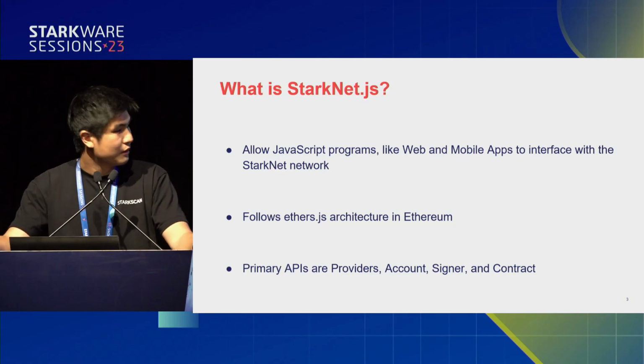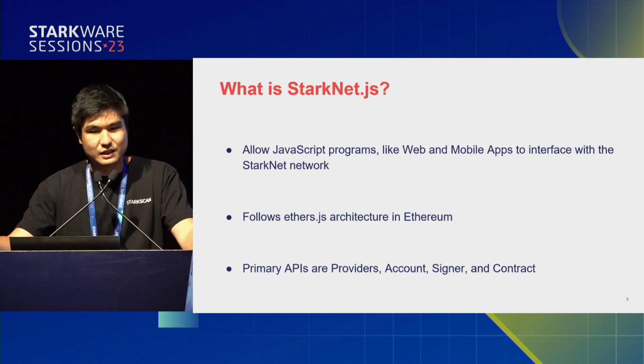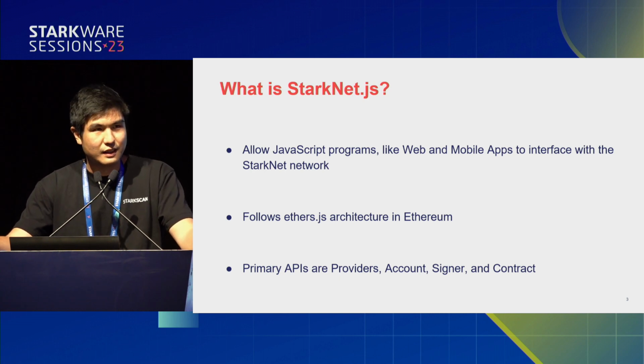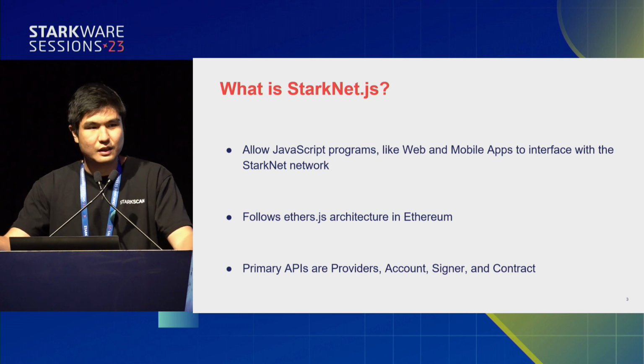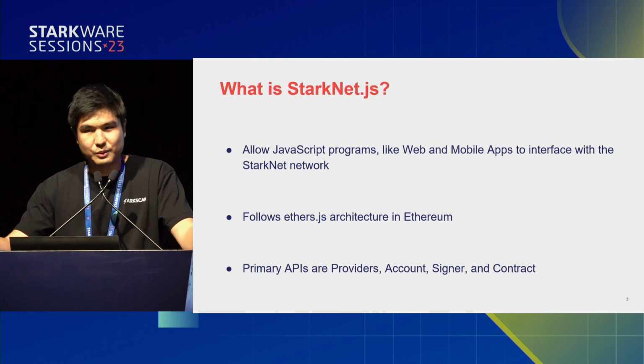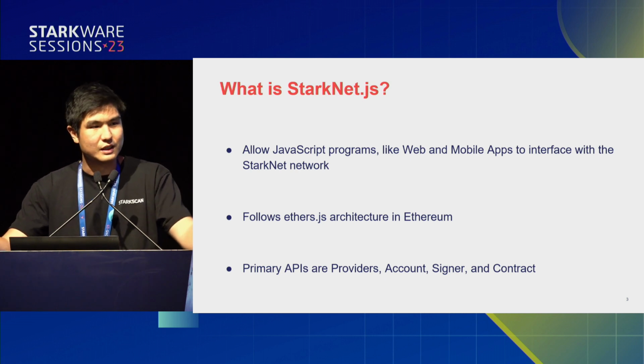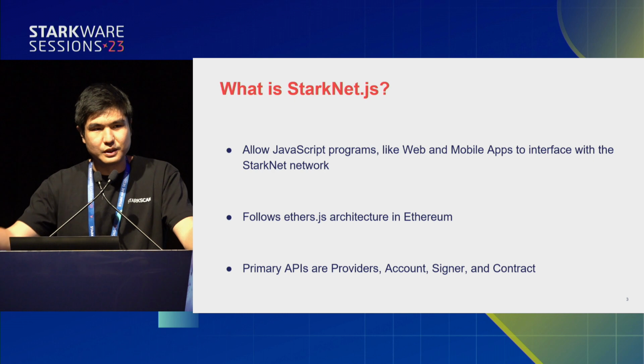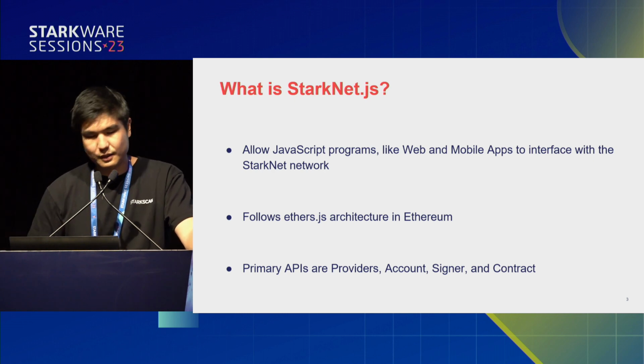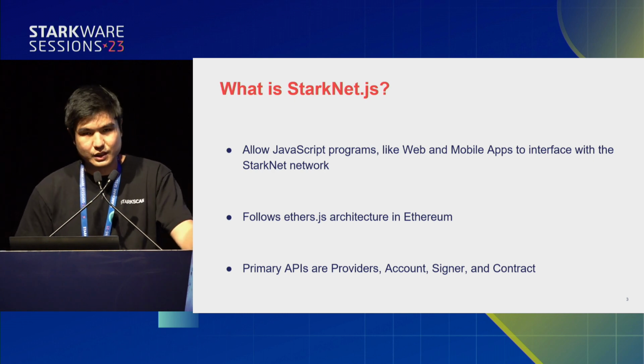So to give a sort of overview of what StarkNet.js itself is, it allows JavaScript programs to talk to the StarkNet network, right? So if your web app is written in JavaScript or you have a mobile app with React Native, you could use StarkNet.js to interface with the StarkNet network. And the architecture sort of follows Ethers.js.